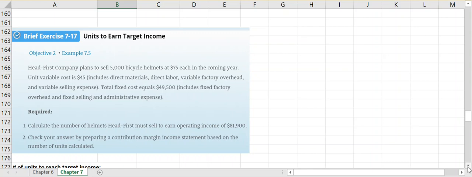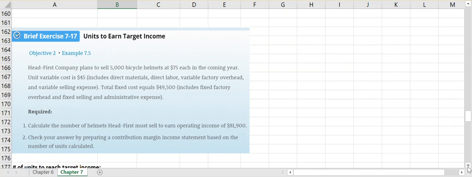$81,900. So we're basically going to take our break-even point in units formula and just tweak it very slightly. When we were doing our break-even point, we wanted our contribution margin to only cover our total fixed cost, because that would get us to a zero operating income, which would mean that we break even.